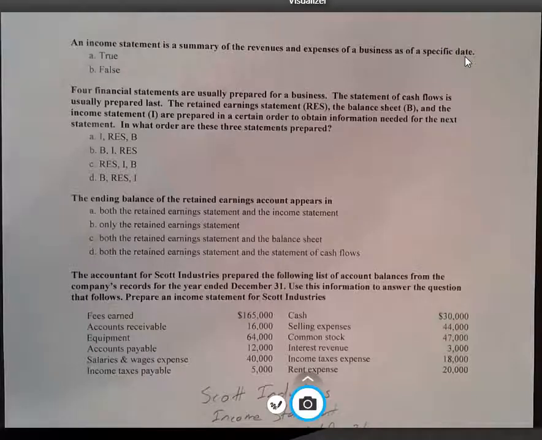All right. So, a couple of lessons to be learned here. If we don't already know it, an income statement is a summary of a business's revenues and expenses for a period of time. So this last little bit here is referencing actually the balance sheet, not the income statement.